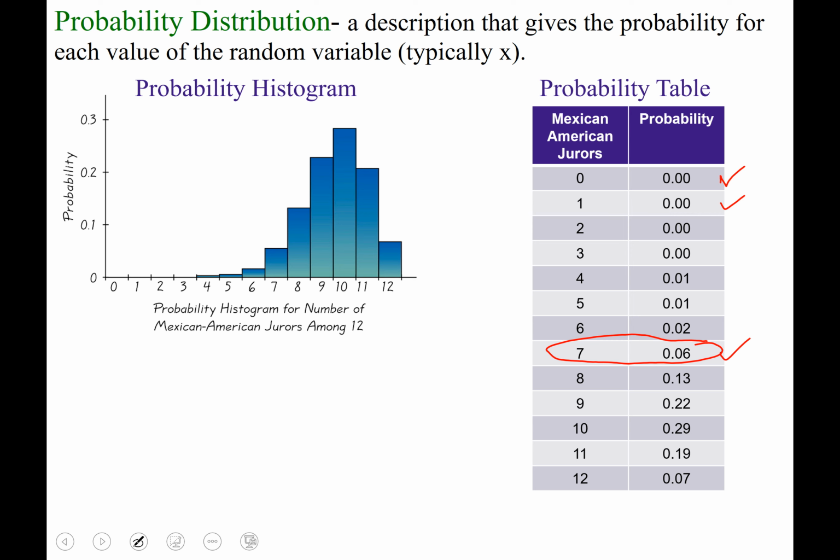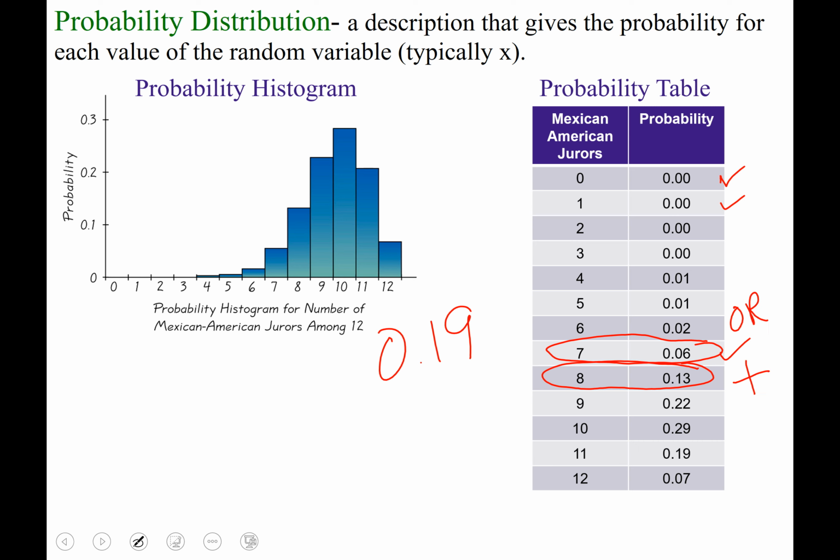What is the probability of having 7 or 8 Mexican American jurors on your jury? If you said 0.19, you got it right. That came from an or statement, 7 or 8, and we know that if the word is or, we use the addition rule for probabilities.